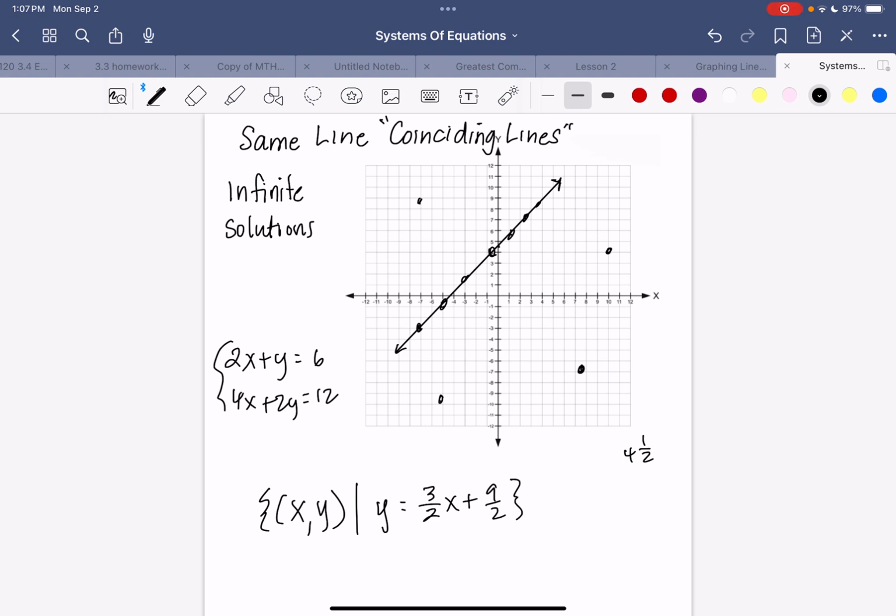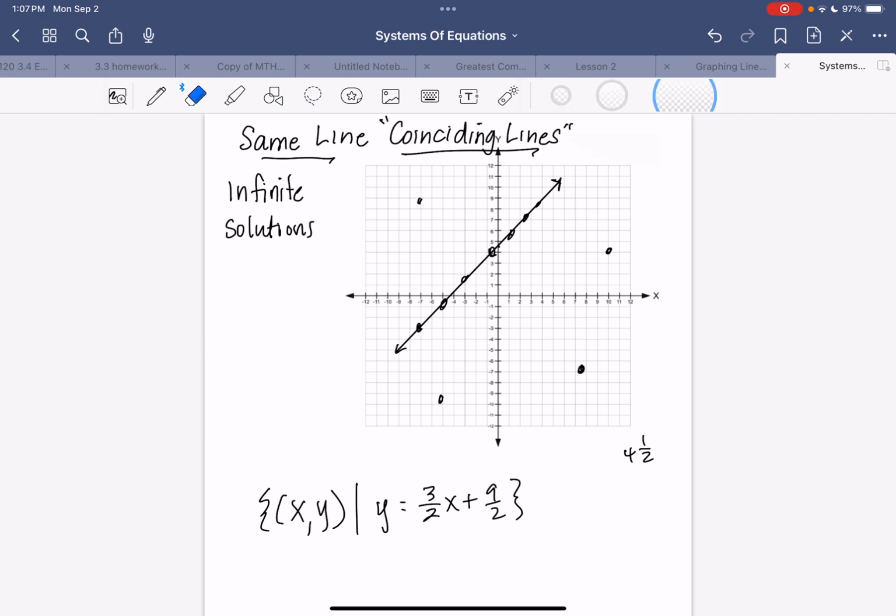So whenever you have the same line or coinciding lines, the solution to the system is going to be either one of the equations. Okay, now remember, this is not that line. But you'll be given the system as two lines. And I'll work one of each of those in just a minute.